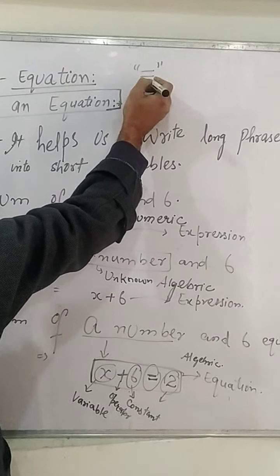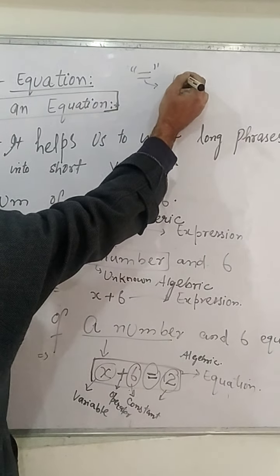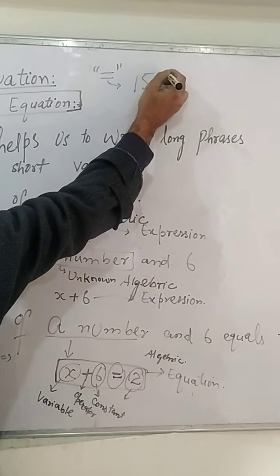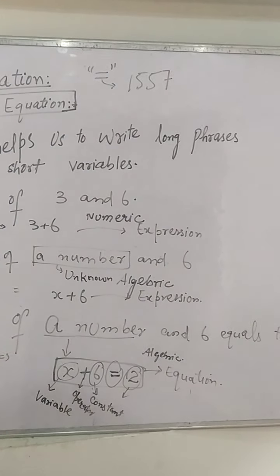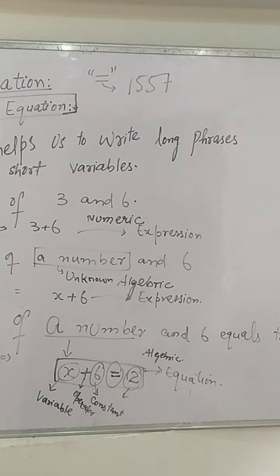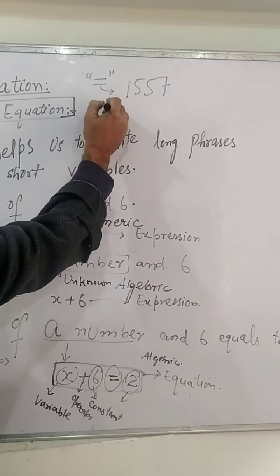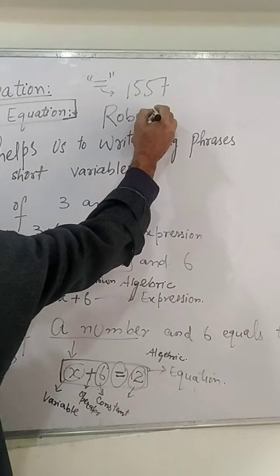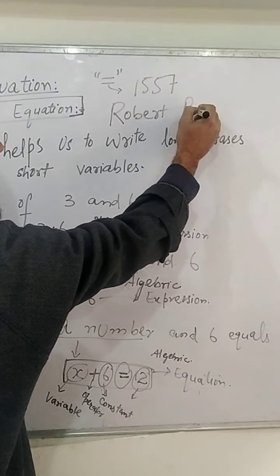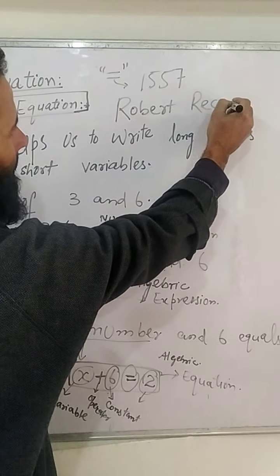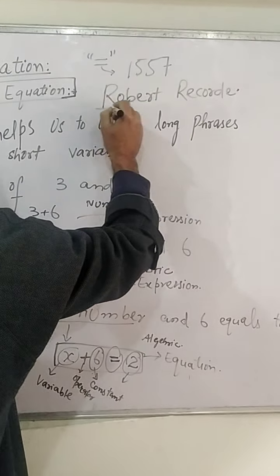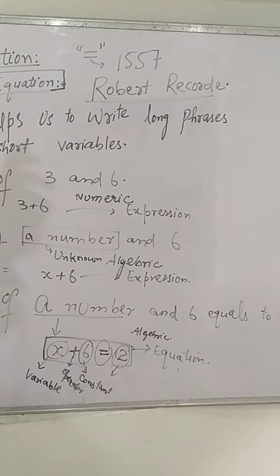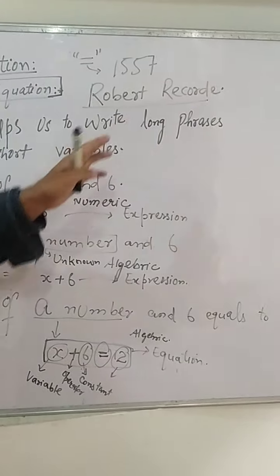This equality symbol was invented in 1557 by a mathematician known as Robert Recorde. This symbol was invented in 1557 by Robert Recorde.